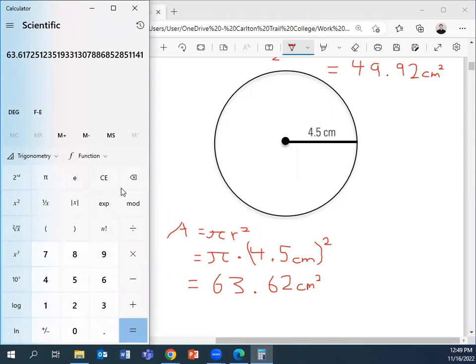Clear. Oh, right there. So I'm taking pi, I'm timesing that by 4.5. This little symbol here means squared, right? Oh, okay, it did do it on your calculator. We'll come to that when we get the actual emulator.